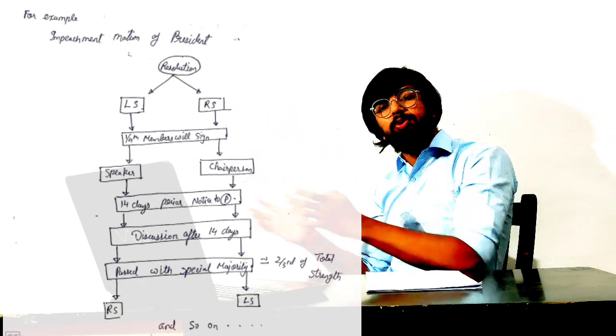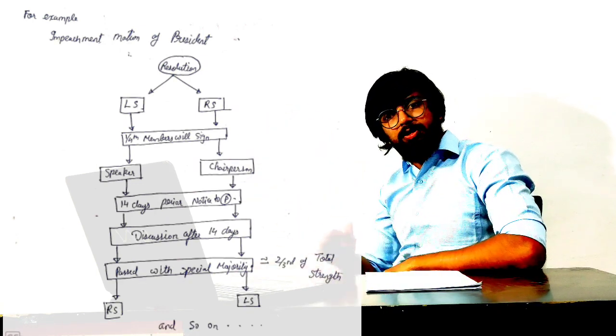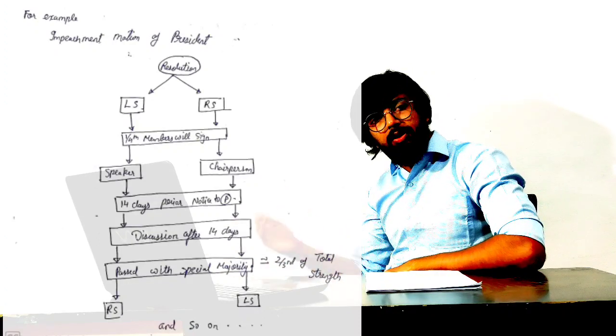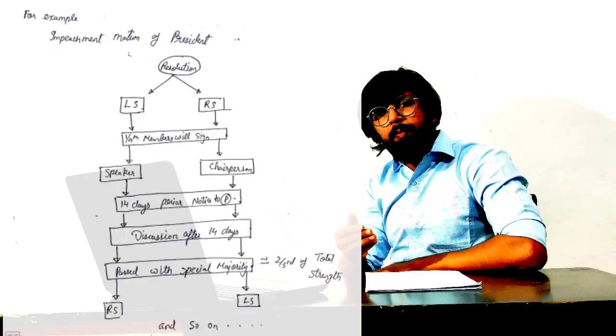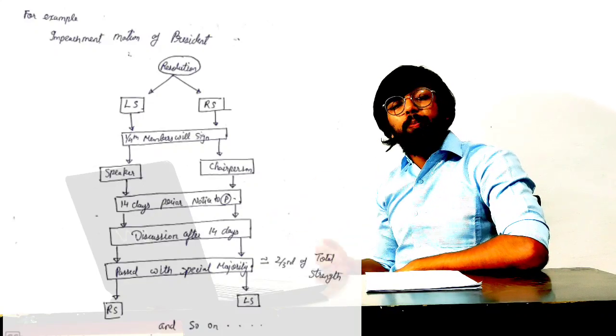You can make the whole flowchart on the page, and on the second side of the page, or on the second page, you can write the conclusion that impeachment of the president has never been carried out successfully in the history of the Indian Parliament or Indian Constitution, but the impeachment process provides a check and balance between the authorities of the executive as well as the legislative.